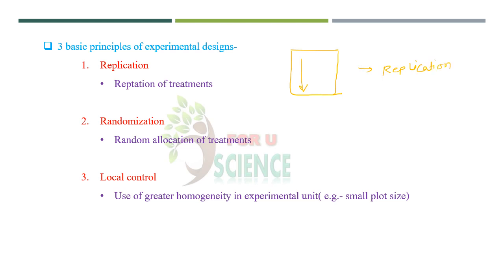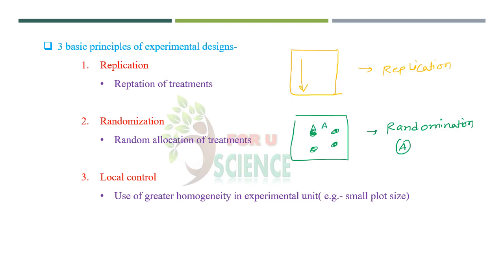Okay, but suppose the fertility in the field is present in patches, that means here is a high fertile patch. So what we can do, we can just do the randomization. We can allocate the treatments in a random way so that they can be allocated in all the places. That means if sample A is present, it will be present in a high fertile region and also in a low fertile region.